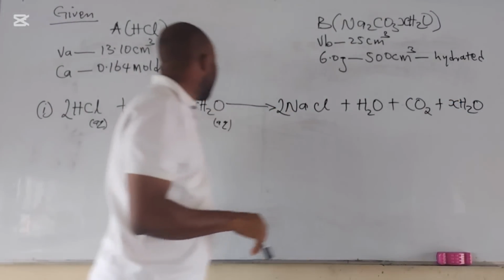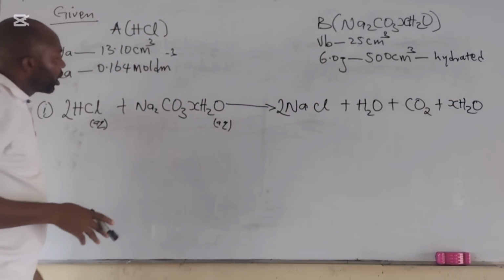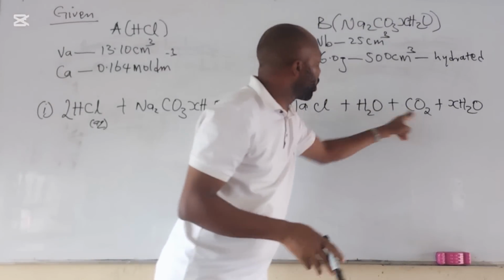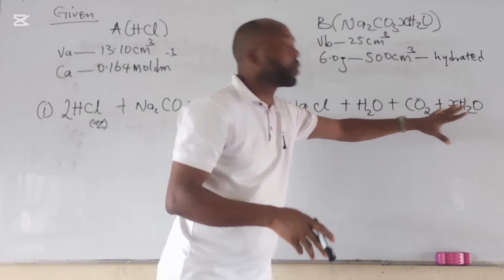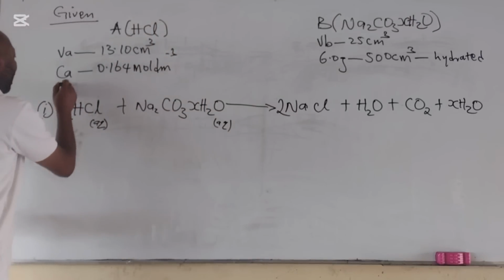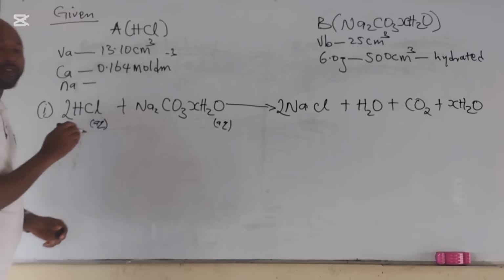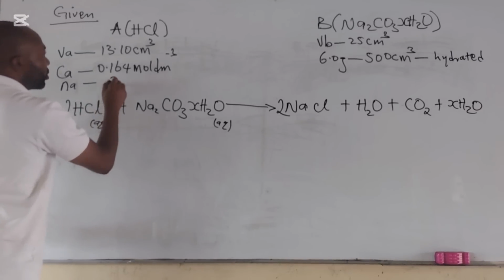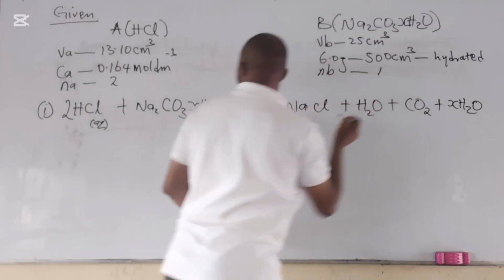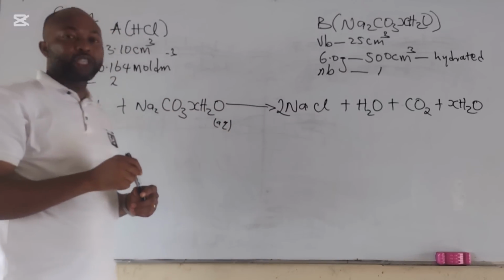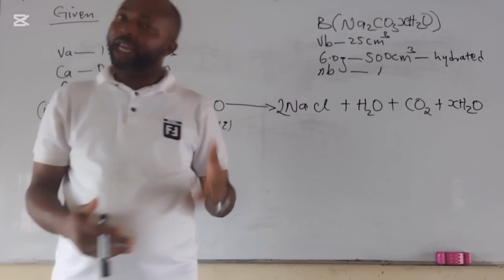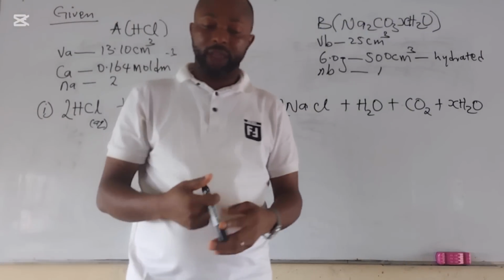So hydrogen is balanced. We look for oxygen. I have my 3 here, 2 plus 1, 3, aside the water, so our equation is balanced. So from this equation of reaction, we have NA, number of moles of acid, becomes 2, and the number of moles of base becomes 1, because here it's 1. It's important, if we are unable to balance our equation, we cannot get the answer correctly. It's part of the whole thing.